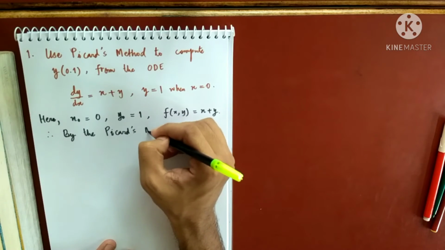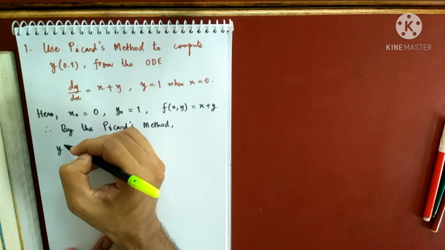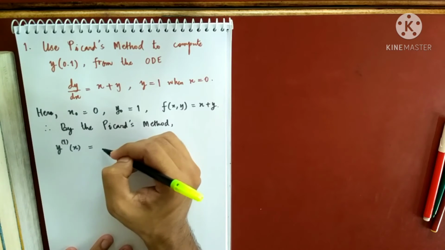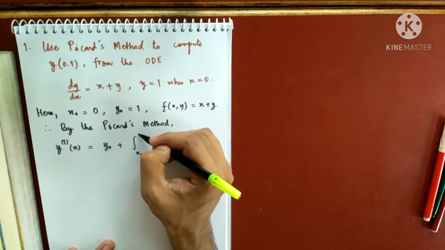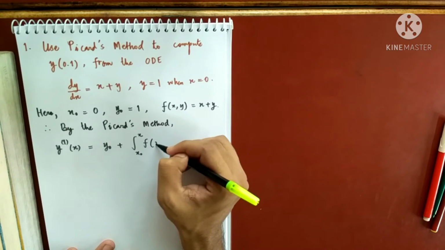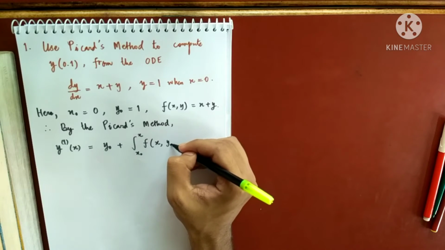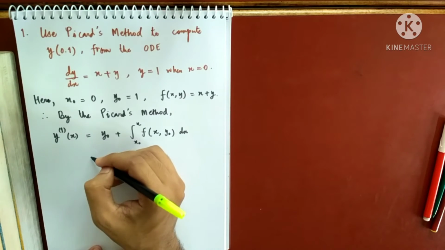Therefore, by Picard's method, I'll first find the first iteration. The first iteration is y naught plus integration x naught to x f of x comma y naught. Keep that in mind. In the first iteration, instead of y you write y naught. Let's put the values.